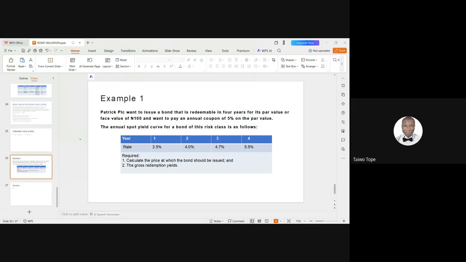So the formula will be what? The cash flow for year one divided by the discount rate for year one to the power of one. For year two, it will be the same cash flow all through. And the cash flow is the coupon, the interest.